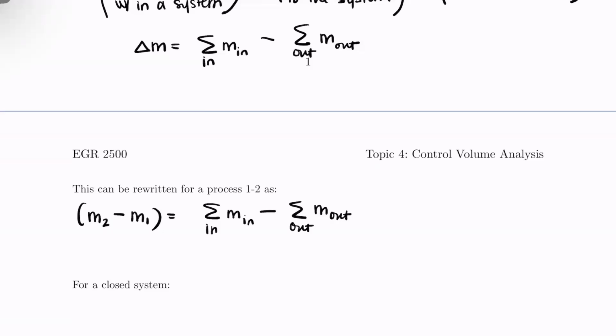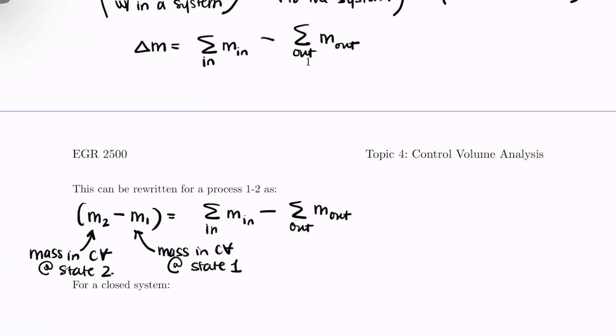All right, and so what I mean by M1 and M2 is the mass in the control volume at state 2, and then M1 is the mass in the control volume at state 1. Okay.